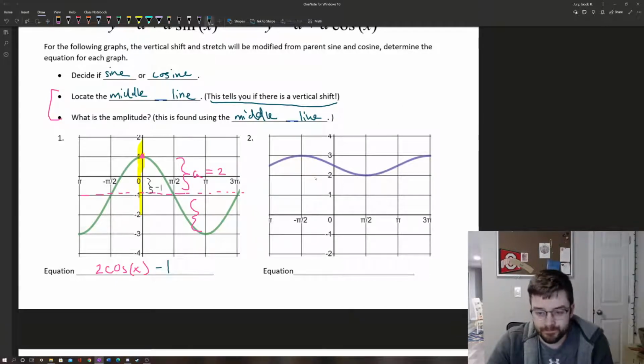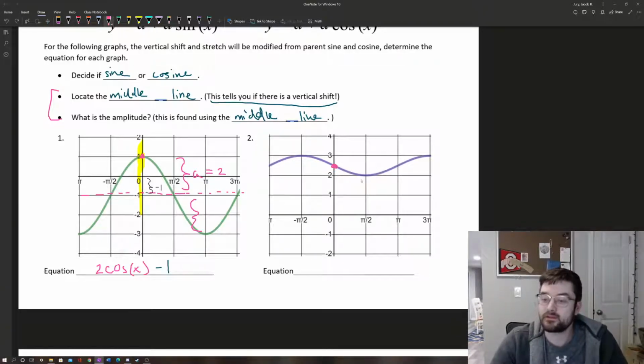Number 2 has a really thin function. And since these functions aren't shifted left or right, I know that where I'm looking on the y-axis is going to help me decide if this is sine or cosine. Now, you could probably figure, since this is an example, this one's going to be sine.